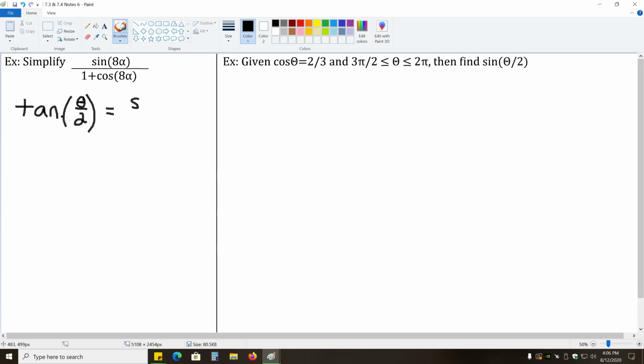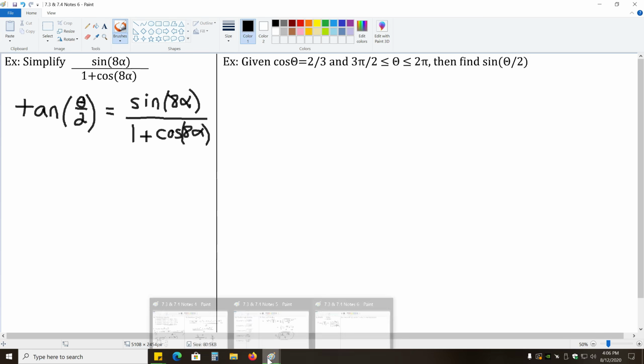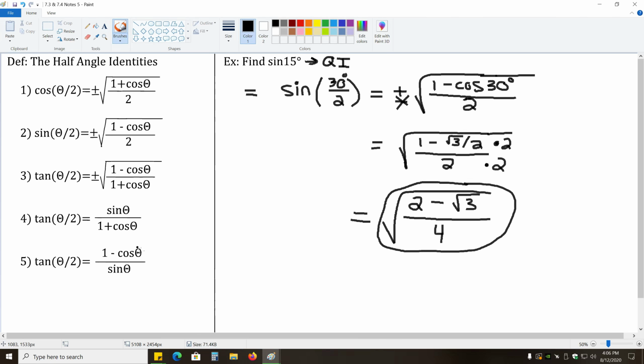If we said tangent of theta over 2 equals sine of 8 alpha over 1 plus cosine of 8 alpha, then notice our formula says whatever is plugged into sine and cosine is the value that goes in for theta divided by 2.